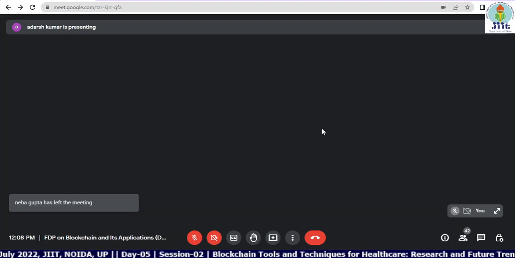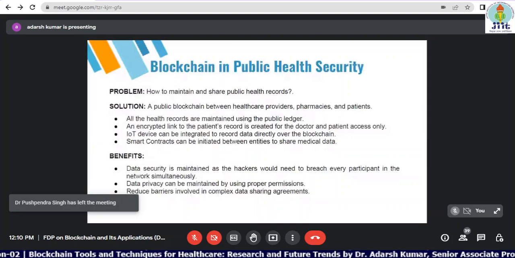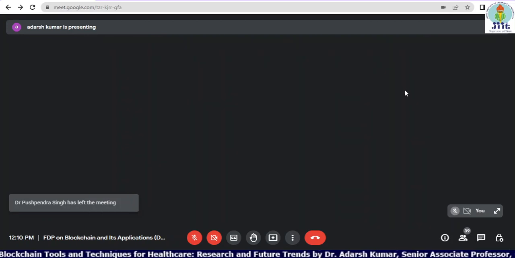So IoT devices can be integrated to record data directly over the blockchain. Nowadays we are using different devices. We have a smartwatch which keeps observing our BP, heart rate, and other things. Likewise, the sensors. If you go to a hospital, you might have seen the emergency or other wards. Many sensors are attached to the human body to give the observations.